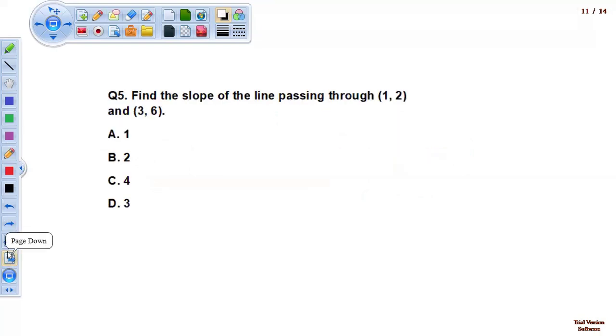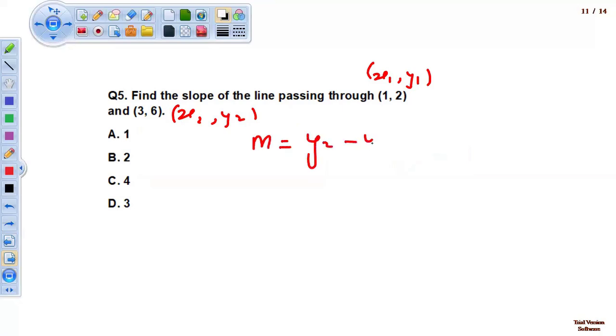Now, next question. Find the slope of the line passing through these points. So we can take one of these points as x1, y1. The other will be x2, y2. Slope is equal to y2 minus y1 upon x2 minus x1.